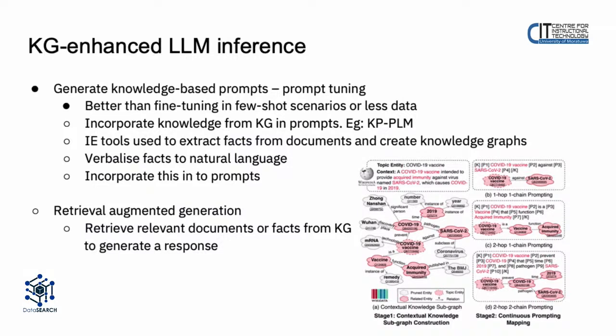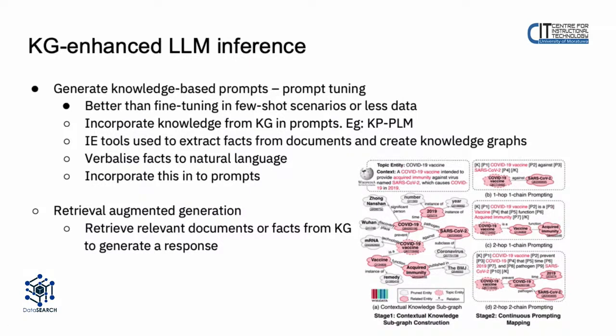So if it queries the knowledge graph for this entity, which is the COVID-19 vaccine, you can see this entity here, here, and it will pull the one hop and two hop neighbors and create this small subgraph. So this is a small subgraph here that's capturing the context of the entity COVID-19 vaccine.